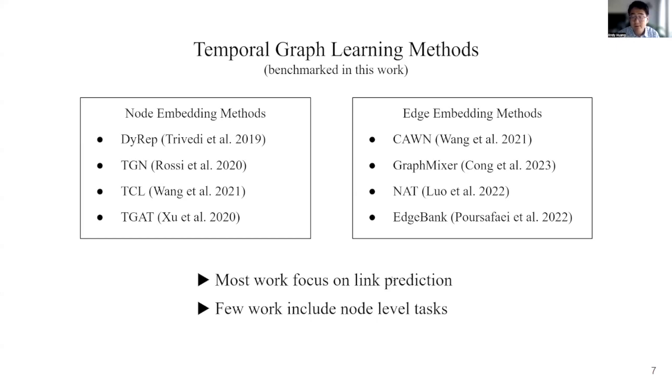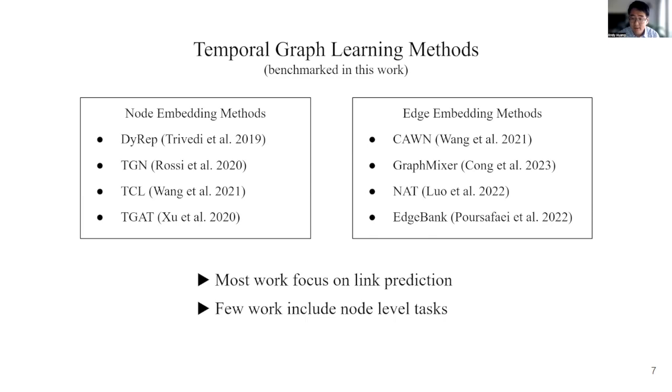Okay, now I'll give a very quick overview of the temporal graph learning methods that we benchmark in this work. I'll break them down into two big categories. One is node embedding based methods, and the other is edge embedding based methods. The node embedding based methods tend to use a GNN or some variation of it and generate embeddings for each node.